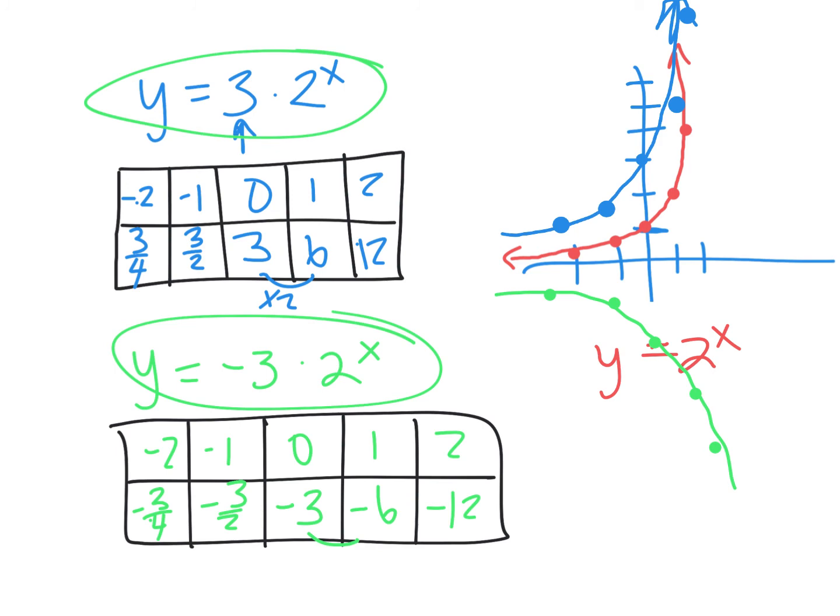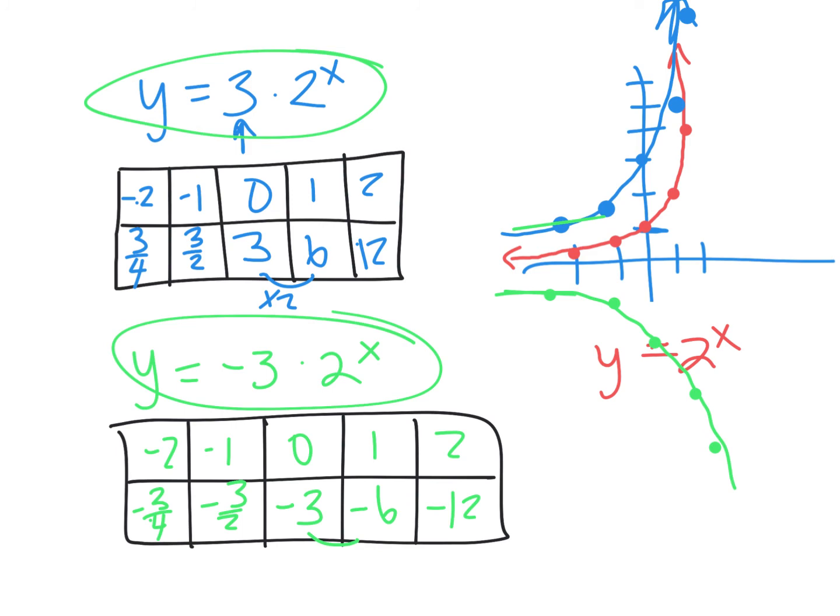You would call it a vertical stretch, the red being a vertical stretch compared to the blue. And then the blue and the green line are reflections. I think I said inverses. Reflections is the better word. Make sense?